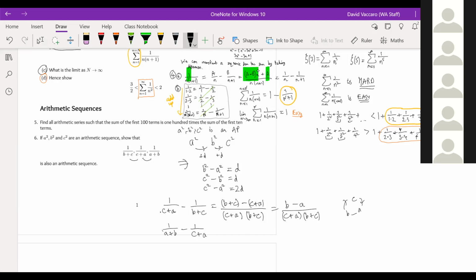So we can just do the same cyclic reordering in this simplified expression over here, and we get c minus a over a plus b, c plus a. Sorry, c minus b.